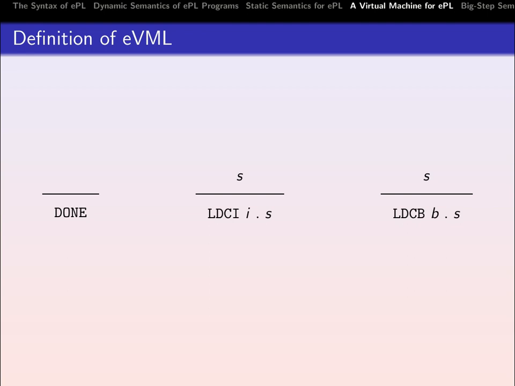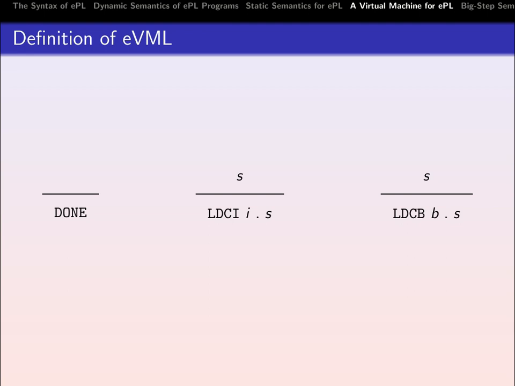LDCI means load constant integer. And the virtual machine has a stack. And you may remember from back in the day when you were doing computer organization, every processor has a stack, right? So our virtual machine is going to have a stack, and this will push the integer I on that stack. Does just that, right?